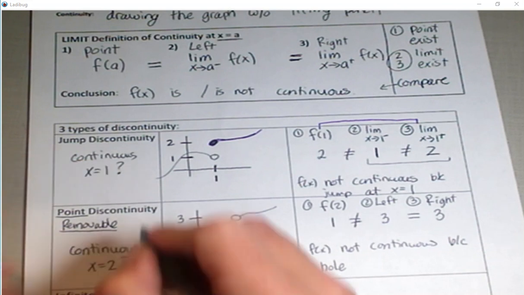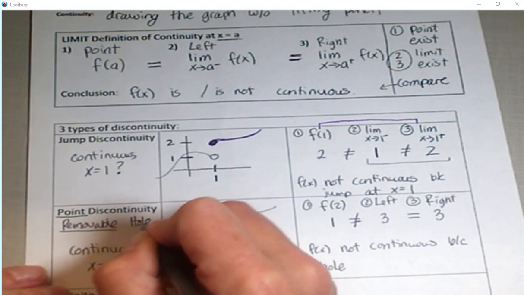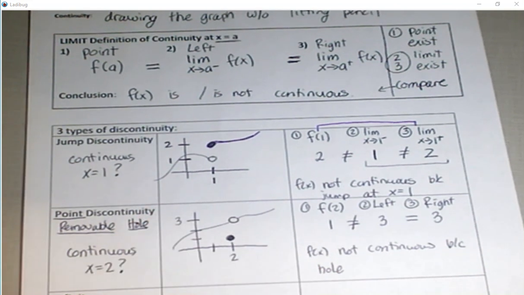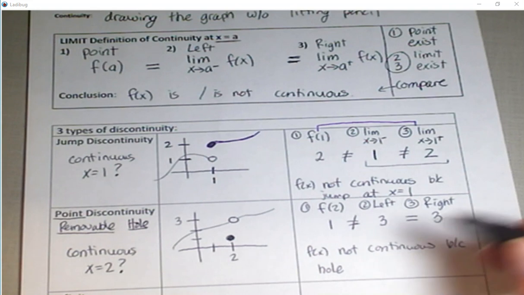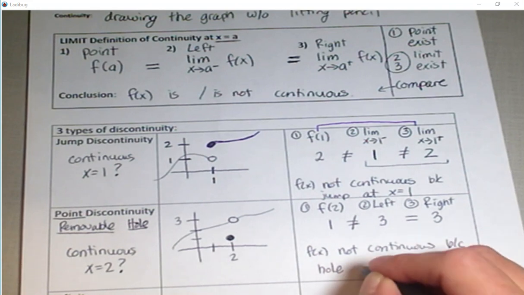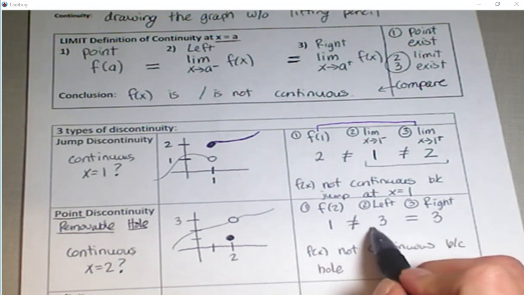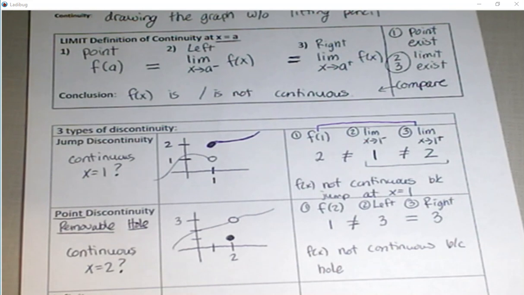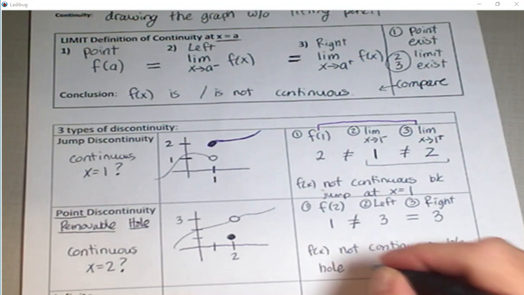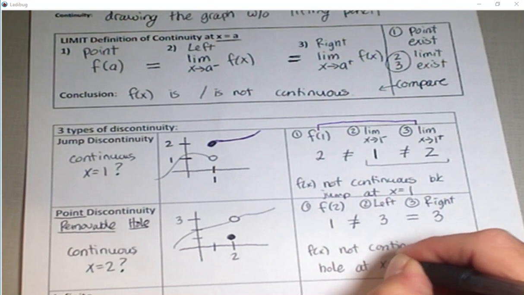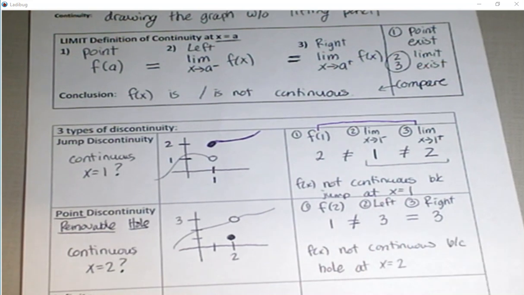Point discontinuity, removable. That's also called a hole because it's a missing point. The left and the right are equal, but the point is somewhere else. There is a hole at x equals 2.